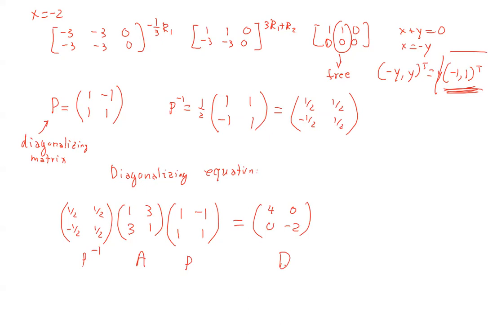Now, the natural question to ask here is what happens if the matrix is not diagonalizable? Where will this whole process get stuck? It will get stuck on the fact that you're not going to get enough eigenvectors to form a whole matrix. So let's say if you have a 2x2 matrix and all you can find is one eigenvector, that's simply not enough.